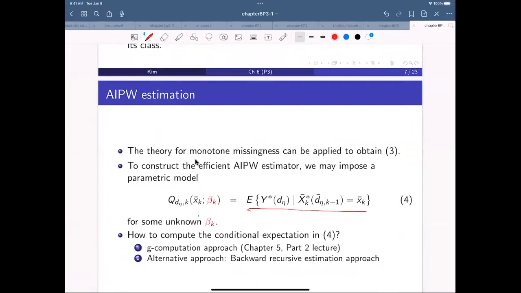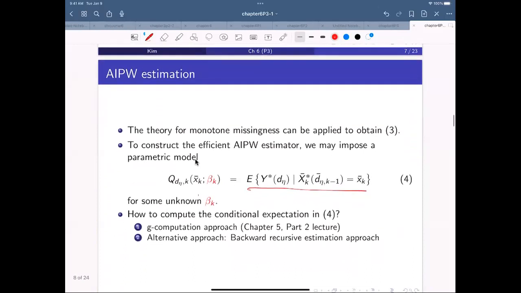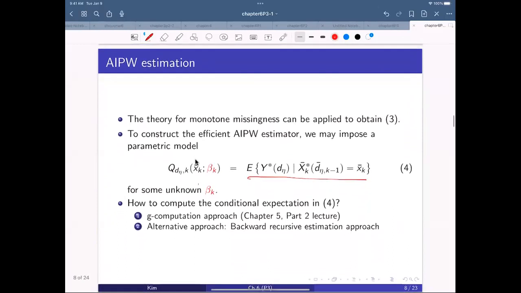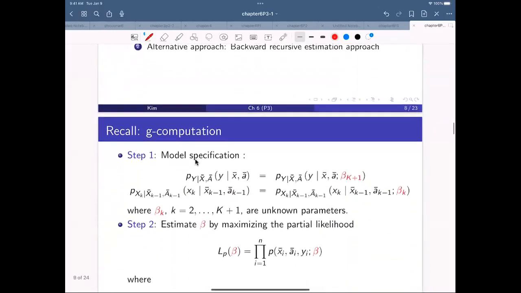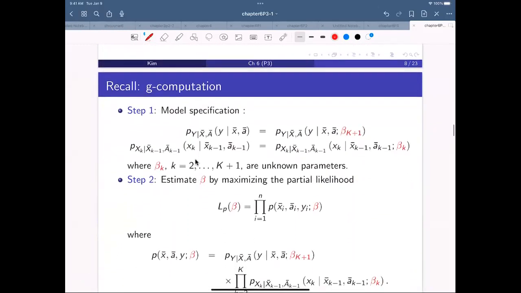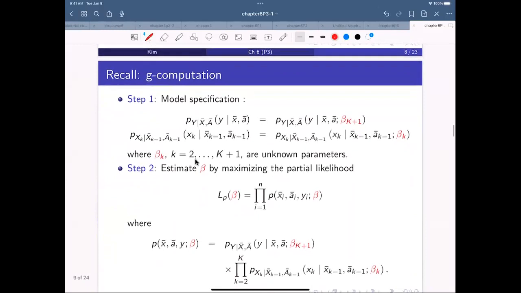We can think of two approaches. One is the G computation approach, which I'm going to introduce soon. Another approach is a kind of backward recursive estimation approach. The lecture note is somehow repeating the same concept, but making it a little bit more generalized.